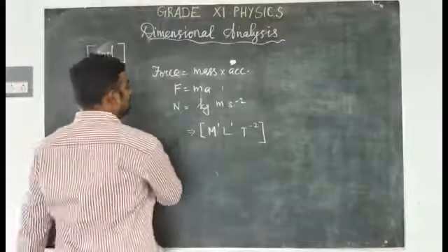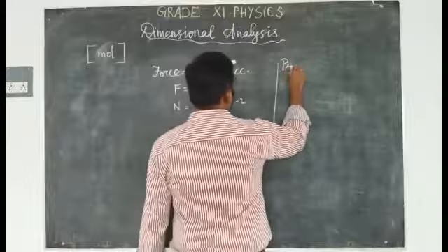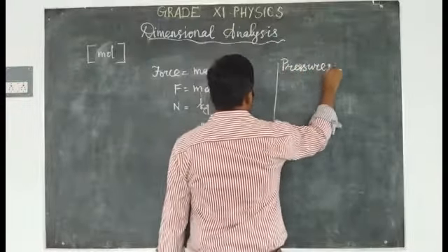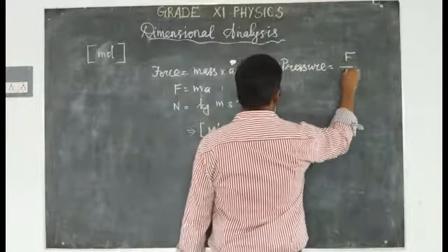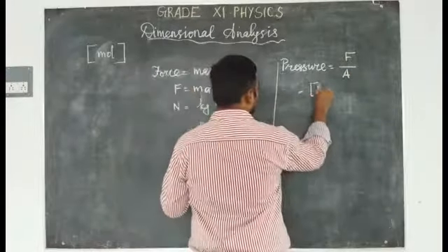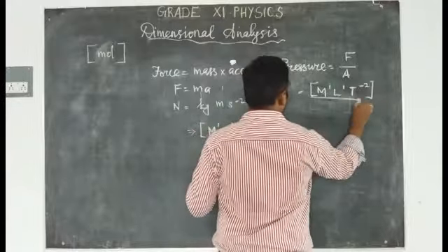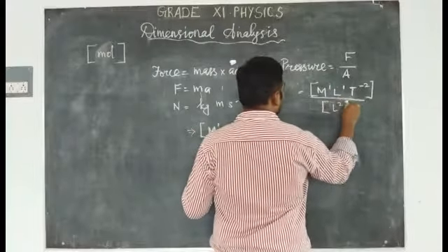Then we have pressure. For pressure also we can find the dimensional formula. Pressure is the ratio between force and area. For force we already found the dimensional formula: M power 1, L power 1, T power minus 2, and for area it is meter square, so L square.